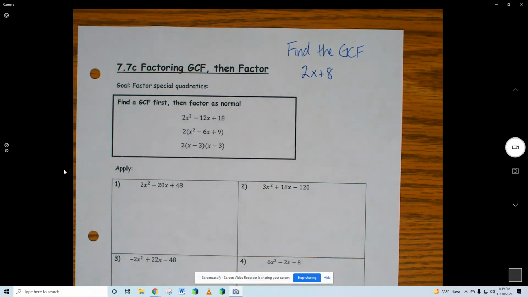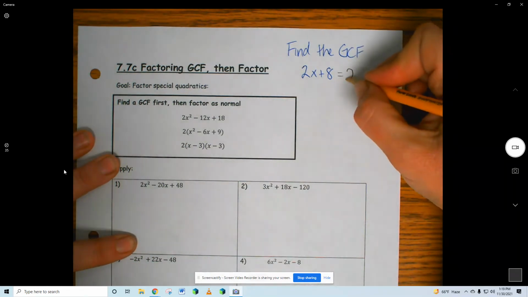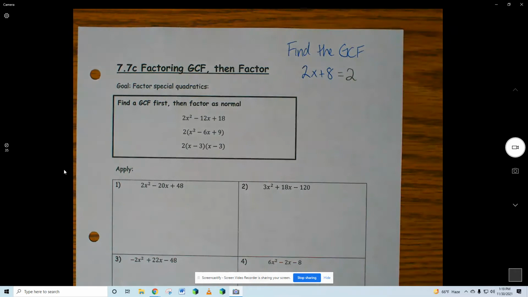So 2x plus 8. What's a GCF of a 2 and an 8? A 2. So I'm going to divide out. This is all division. So if I take out a 2 from 2x, what's still there? Just an x. Good. So I'm going to put a parentheses.